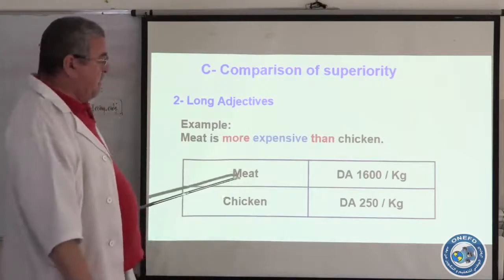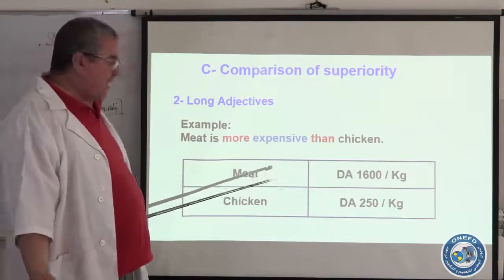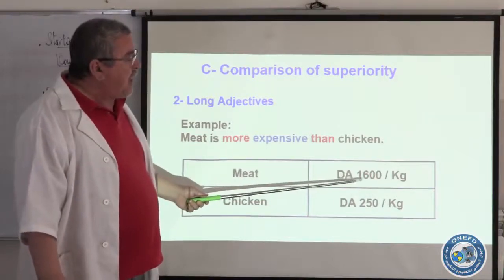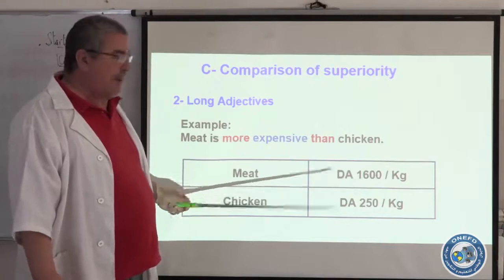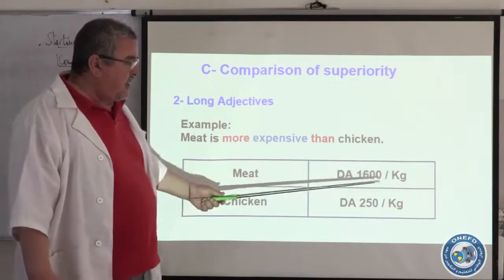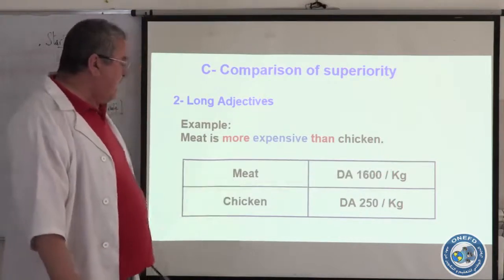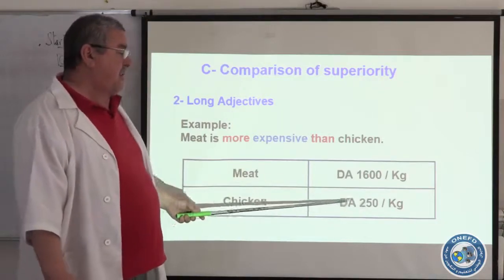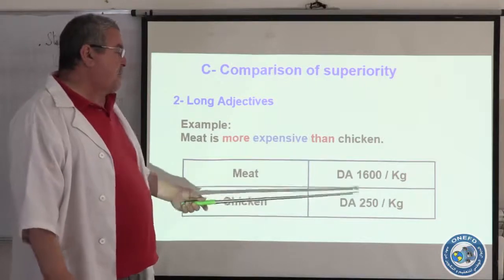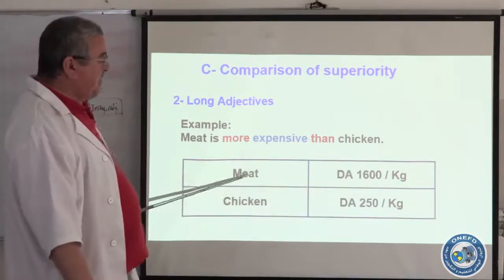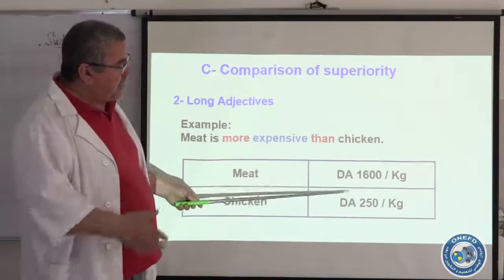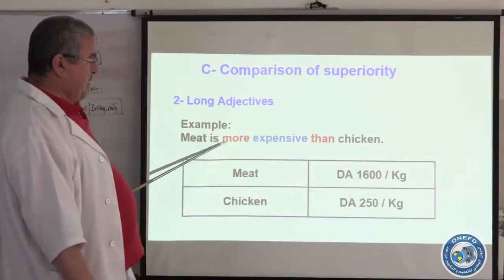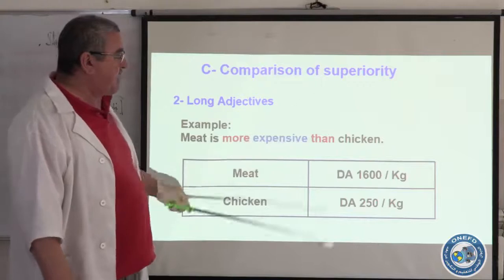When you go to the bazaar, you find that meat costs 1,600 dinars per kilogram, and chicken 250 dinars per kilogram. This is why we say that meat is more expensive than chicken.